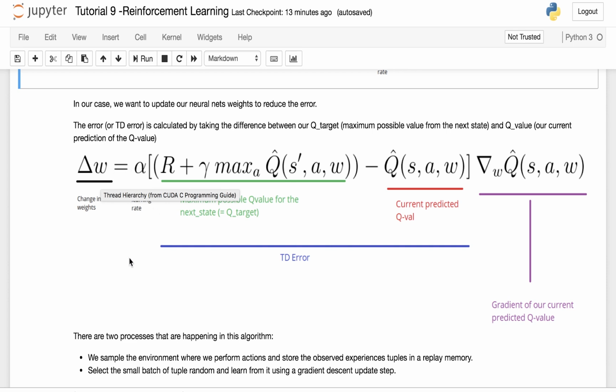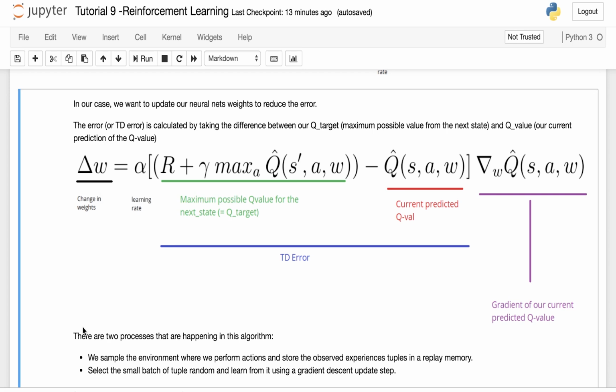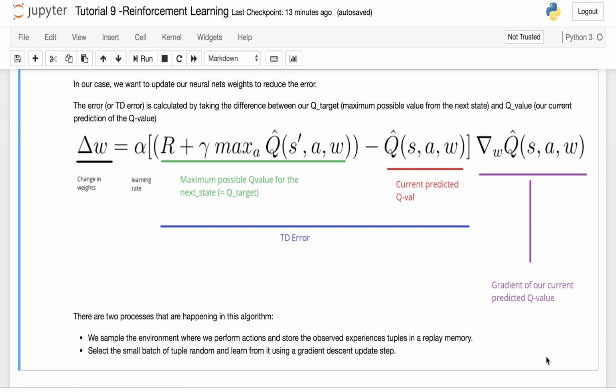Here we have learning rate alpha, and the underlined green function is the maximum possible Q value for the next state, minus the current predicted Q value as we saw before, and we multiply it by the gradient of our current predicted Q value.